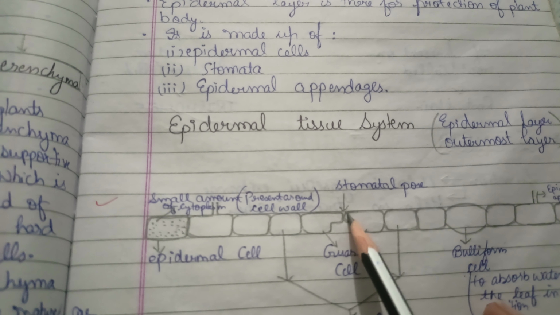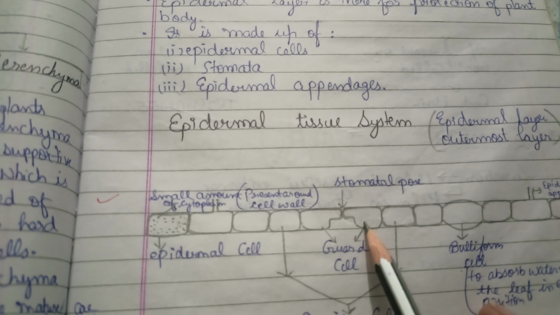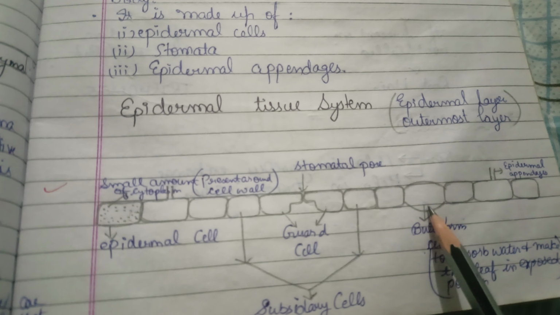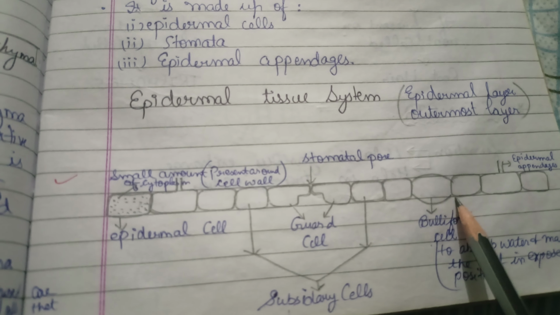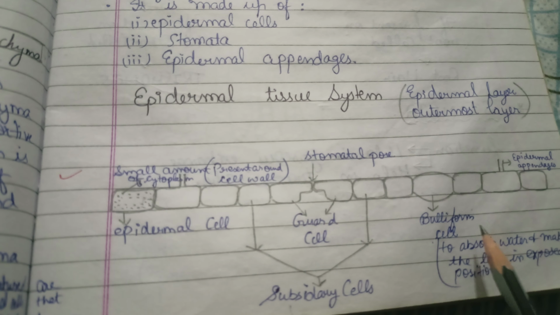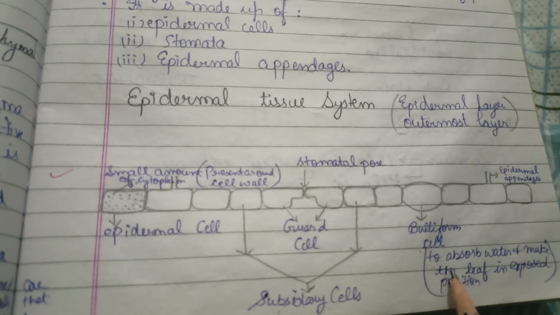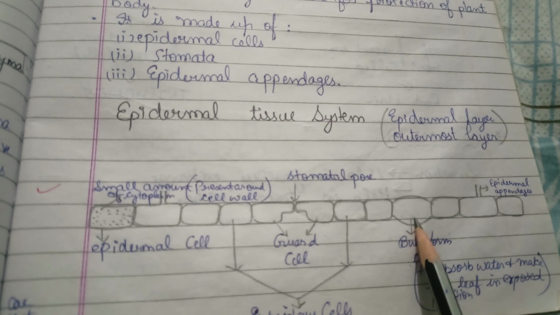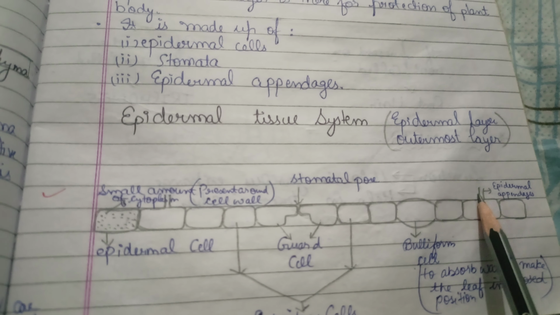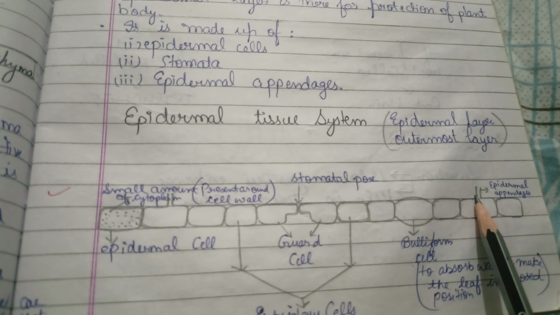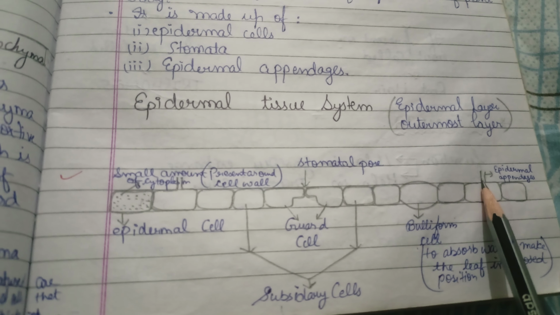This is the stomatal pore, and these are the guard cells which control the opening and closure of the stomata. These are the barrel shaped cells called bulliform cells, which generally absorb water and keep the leaf in expanded form. These are the epidermal appendages, that is, hair-like projections which are present on the stem.